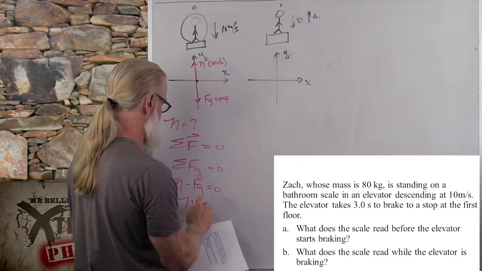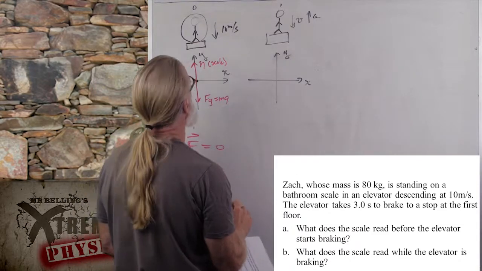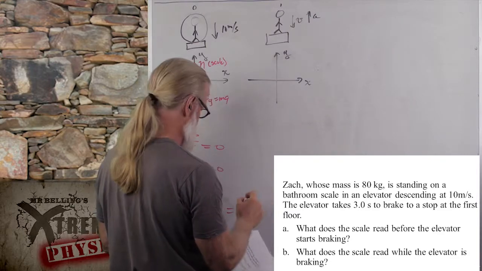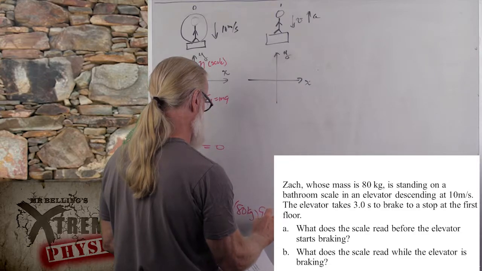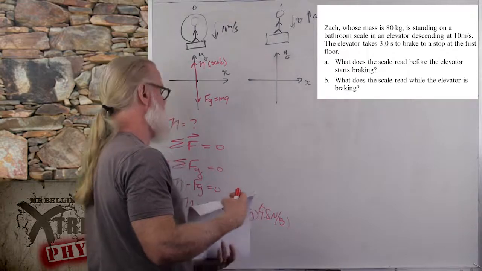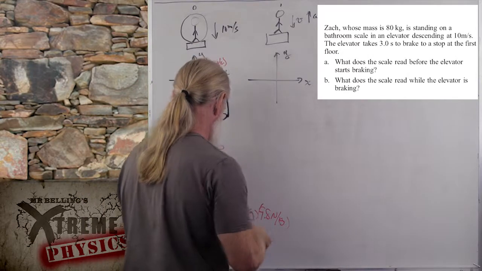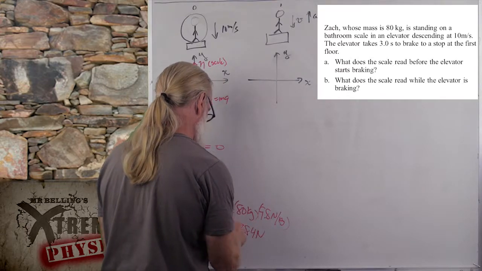So the normal force equals the force of gravity, or mg, which is 80 kilograms times 9.8 newtons per kilogram. All right, 784 newtons. That's his weight, and it is the normal force. And there you go.